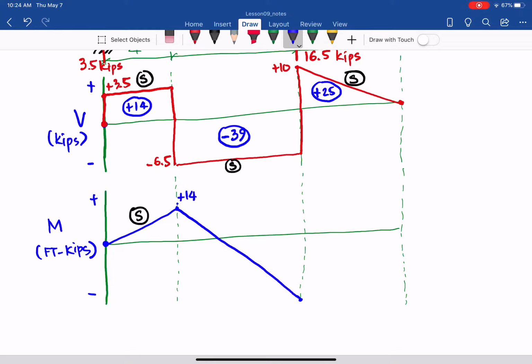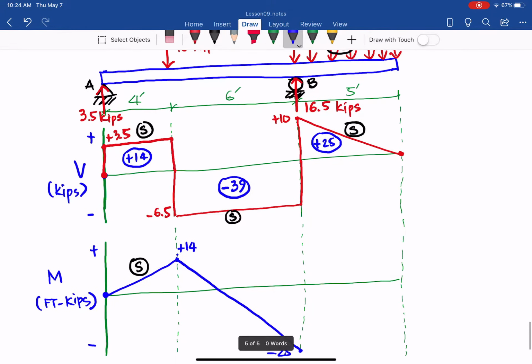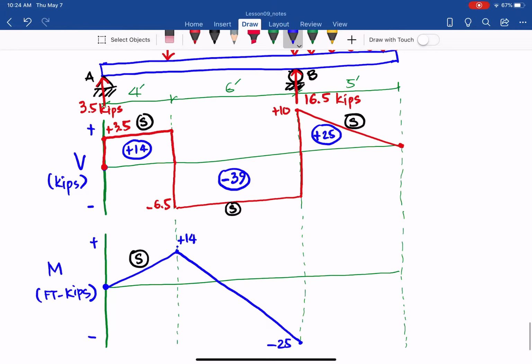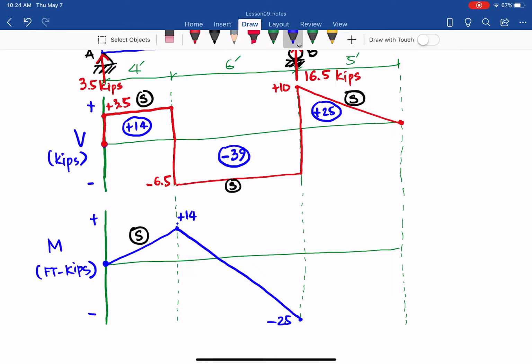And it's a straight line. So that is negative 25, because 14 going down is negative 25. The total change in moment from 10 kips, from 4 feet to 10 feet from the left, equals negative 39. So 14 to negative 25 is 39.